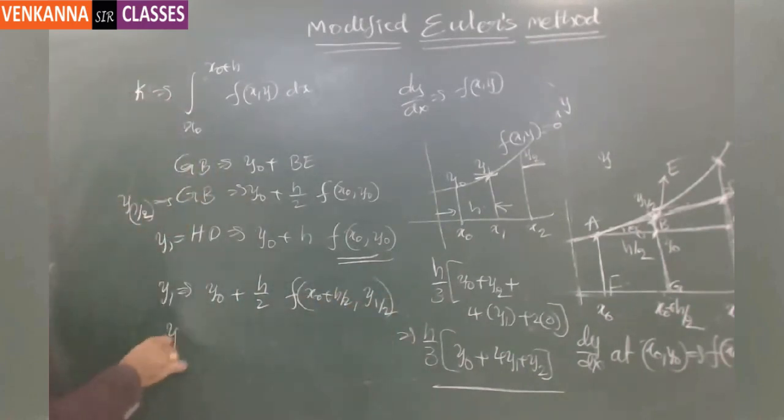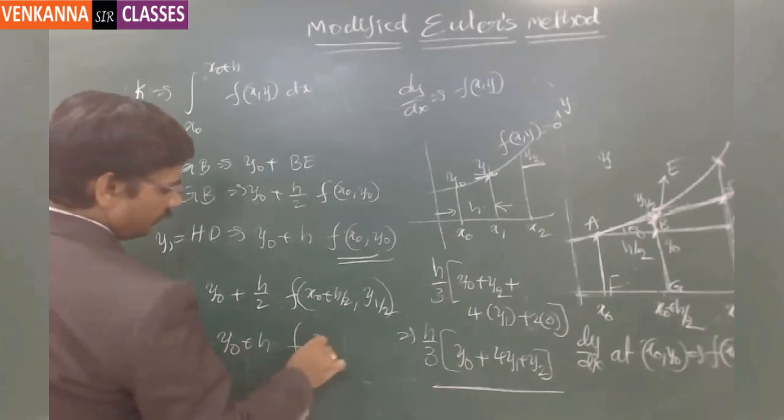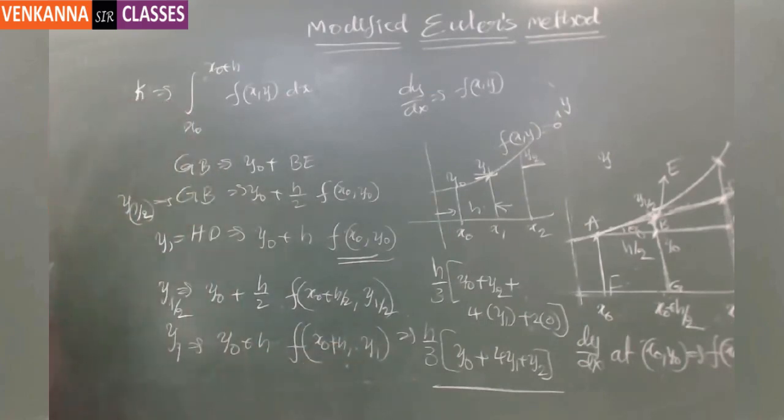And similarly y1 you can calculate as y0 plus h times f of x0 plus h comma y1. So this value you can calculate.